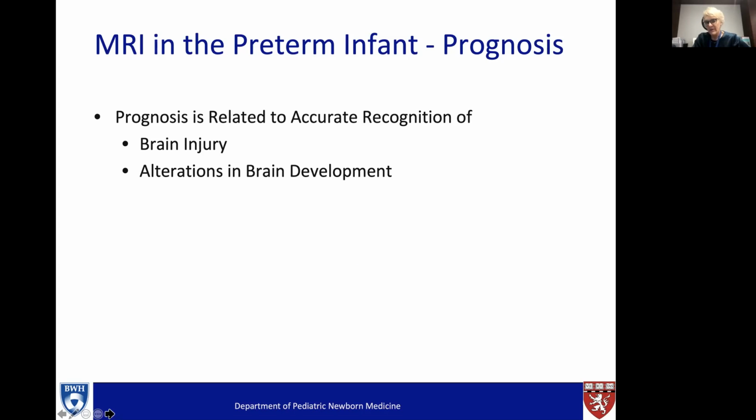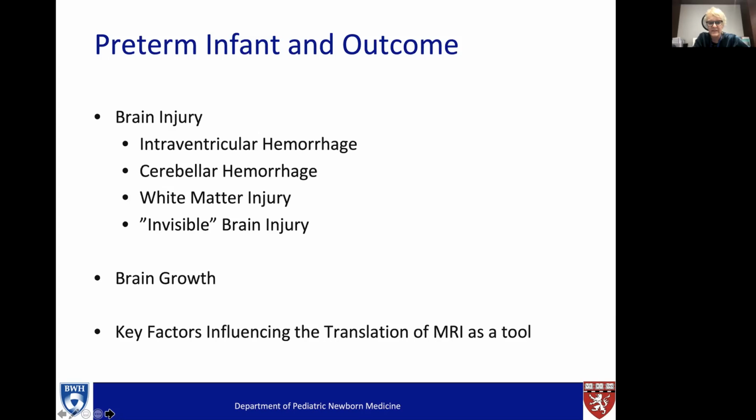So we have a problem with the preterm infant, and how can we understand, particularly when it comes to prognosis, what pathways might be driving these adverse outcomes? And to do that, we have to be able to delineate fully brain injury and alterations in brain development. Brain injury is multi-type in the preterm infant.